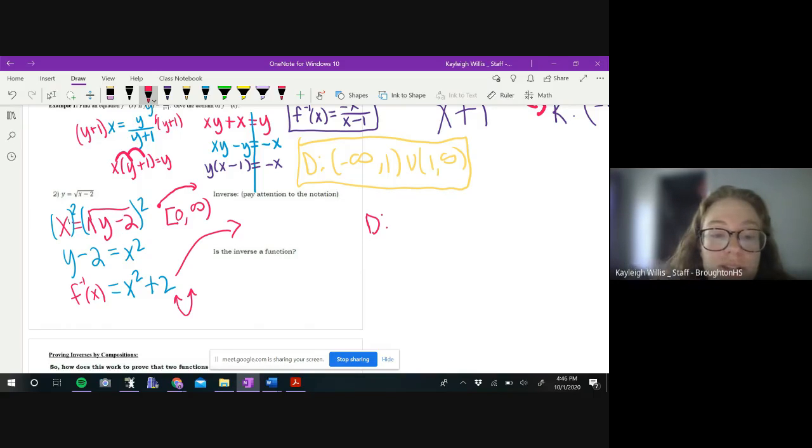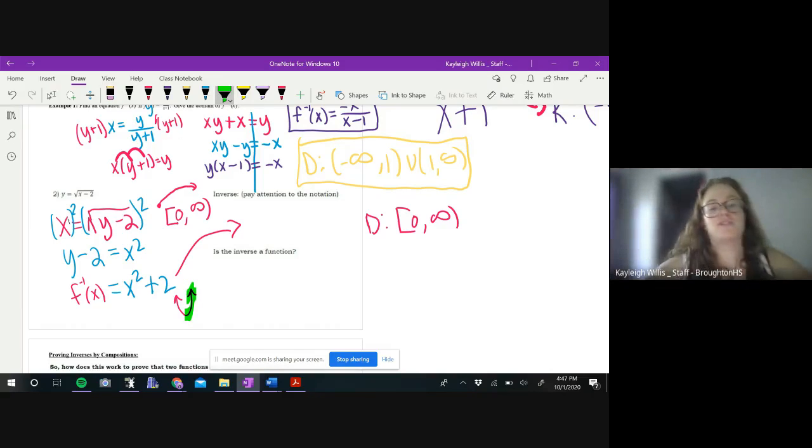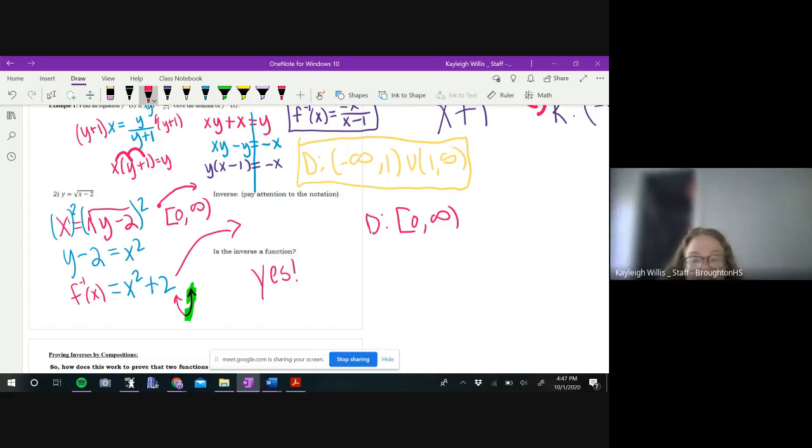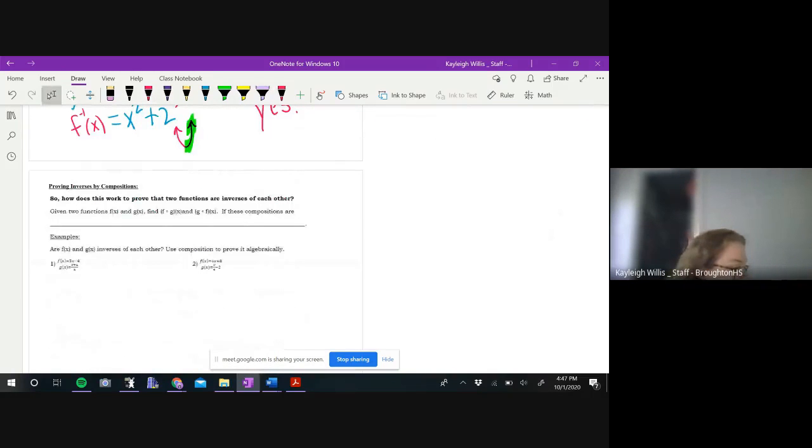That's why we need to take the range of the OG function as my new domain, because we only want the half. So we would want just this guy right here. So is the inverse a function? Yes. It's just restricted.